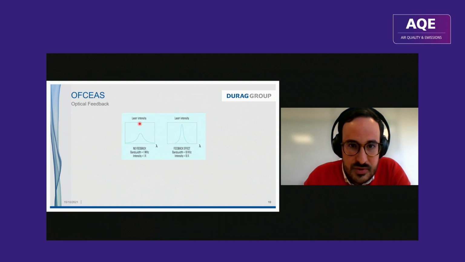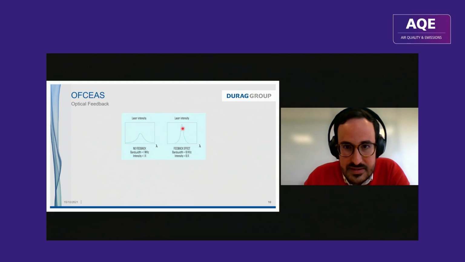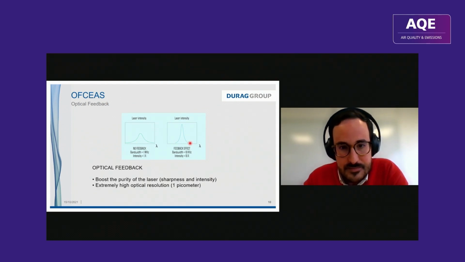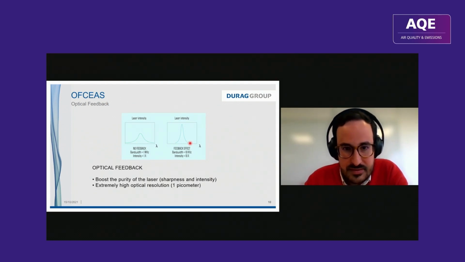This is the wavelength you want to inject, and part of the energy of the laser is used to create noise on the side of that wavelength. When you have the feedback, you have a boost of your laser. Most of the energy is exactly at the wavelength you want to inject. So you have a very intense peak, but also a very sharp peak, because you have less noise on the side of this beam. So we have a very high resolution of this peak, and a very intense peak.